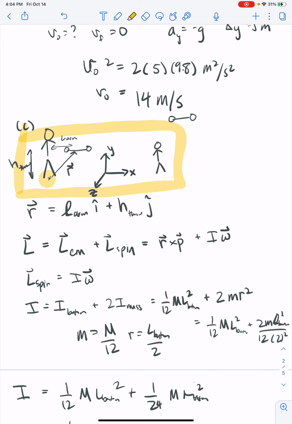Now, in this frame, this is our R, and this is our force of gravity. So those do have a torque, and they have a torque that's pointed into the page. And so what that tells us is our torque should decrease the angular momentum in the z direction, in the k hat direction, because it's pointed in the negative k hat direction.